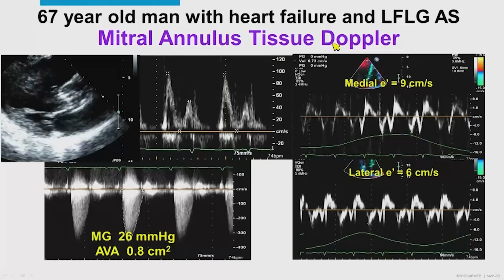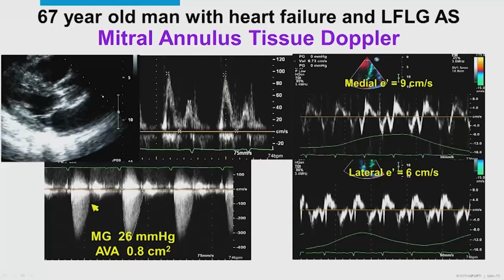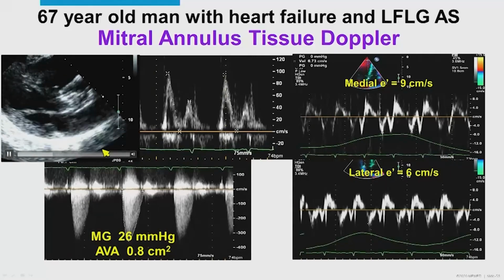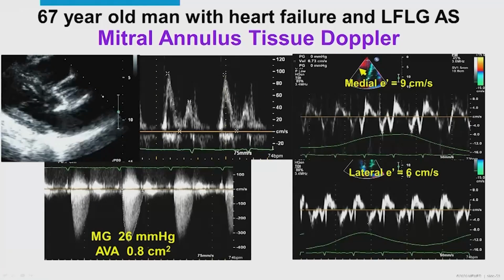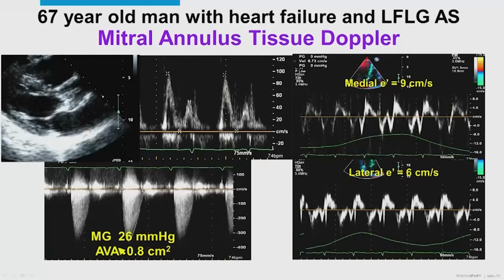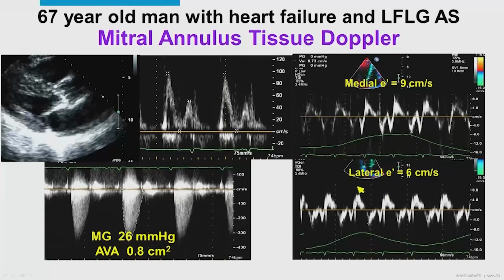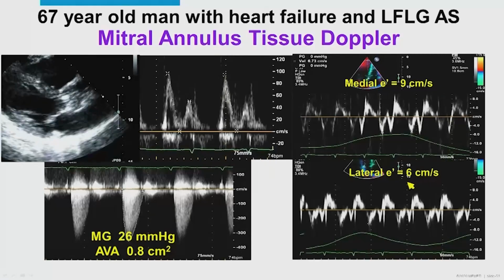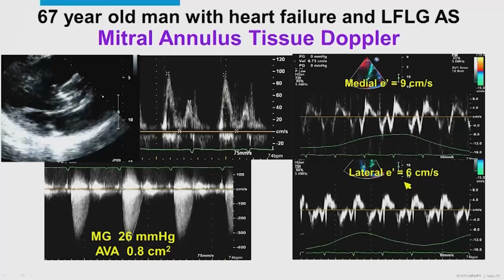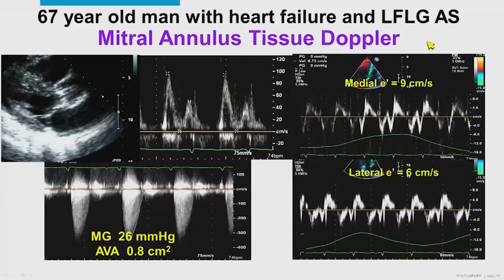And this is a patient I was seeing in valve clinic, who came for severe aortic valve stenosis, low flow, low gradient, only 26 millimeters of mercury with a severe AS. But the mitral inflow is restrictive, and there is increased E prime velocity, even with severe AS, which is kind of unusual.